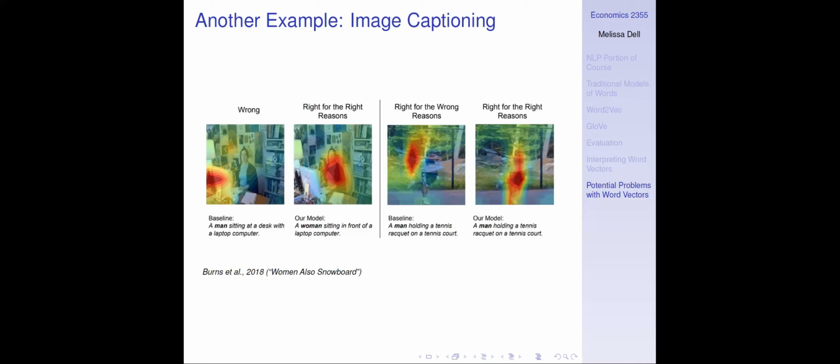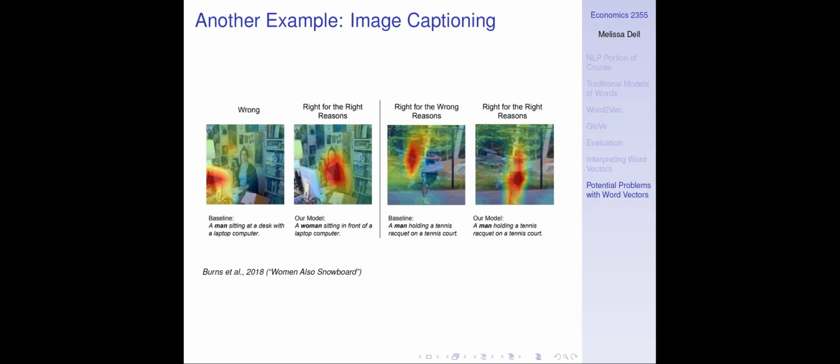You can see in the far left column, it says "a man sitting at a desk with a laptop computer." If you look at the word embedding for "man", what lights up in dark red is the computer. So it's inferring that there is a man there because in the training data, men tend to be the ones that appear near computers.